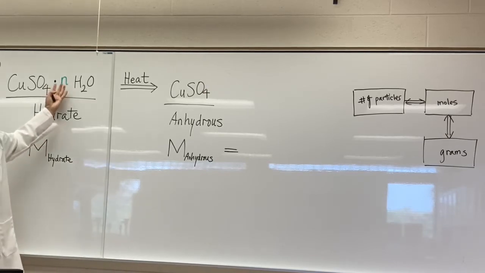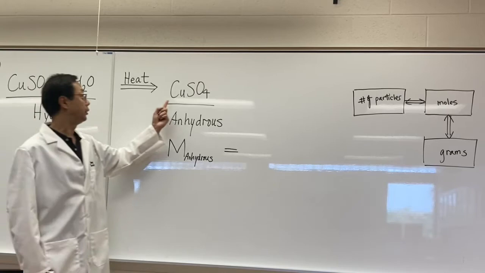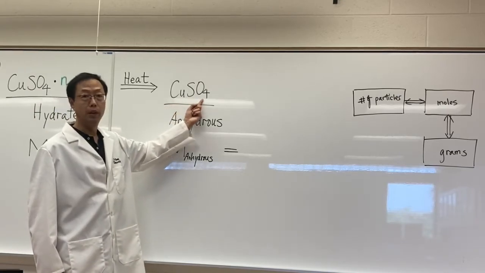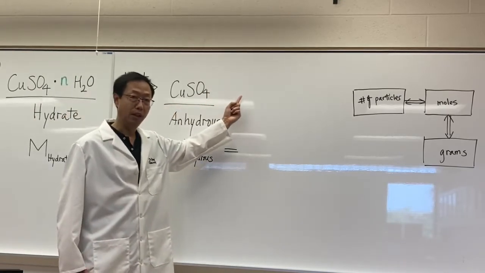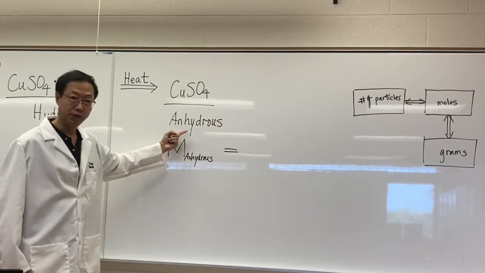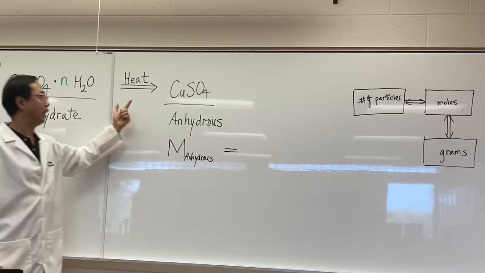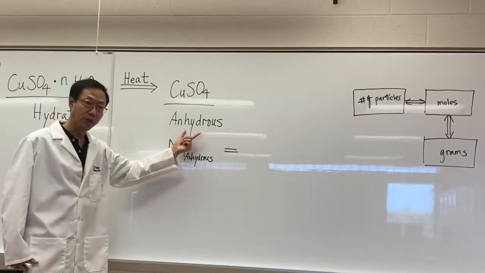So when all the water is gone from the sample, we are left with copper sulfate without water. We call it anhydrous. So we're going to heat hydrate to get anhydrous sample.